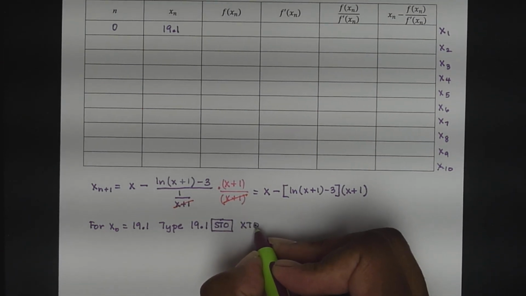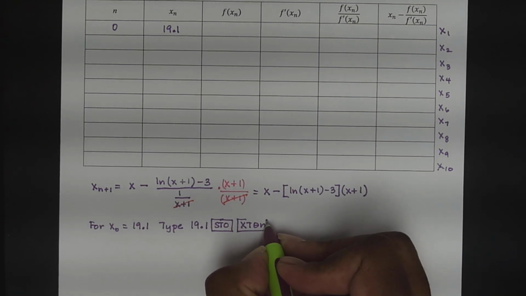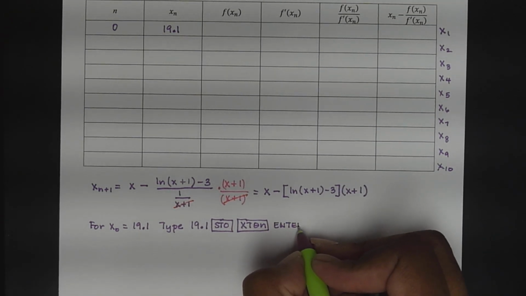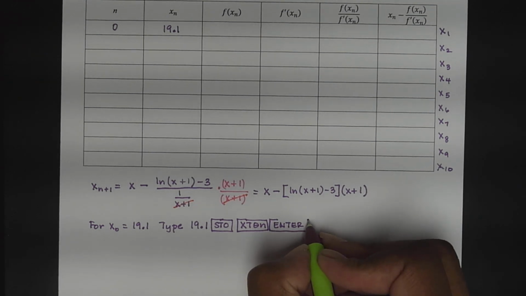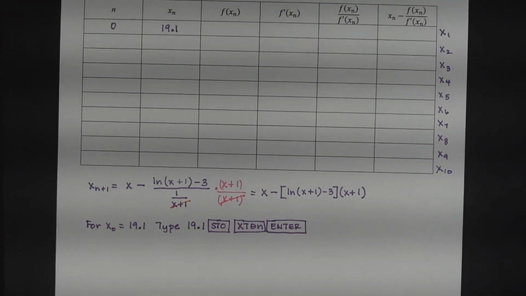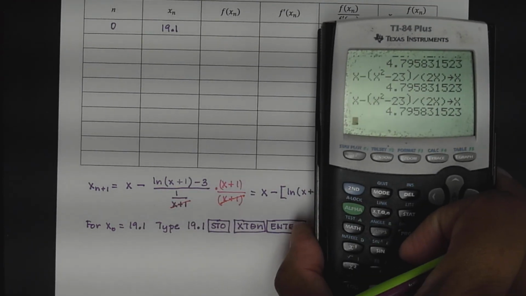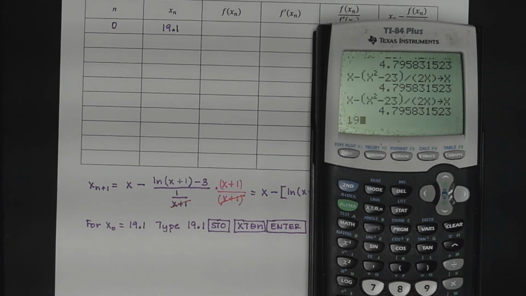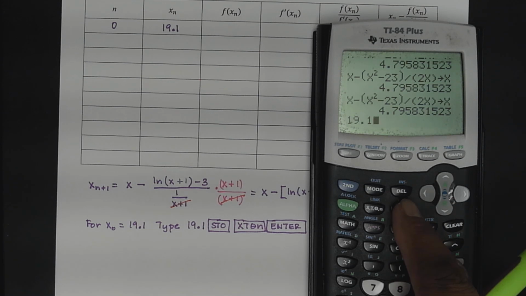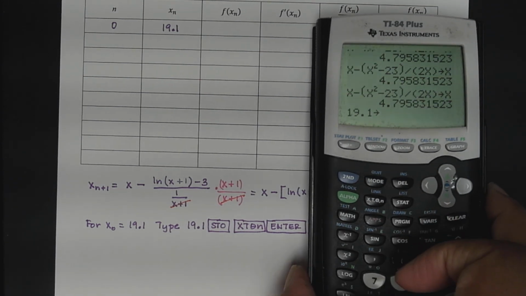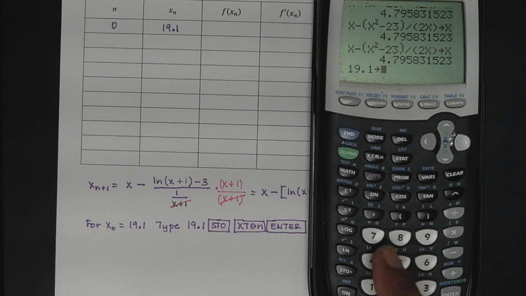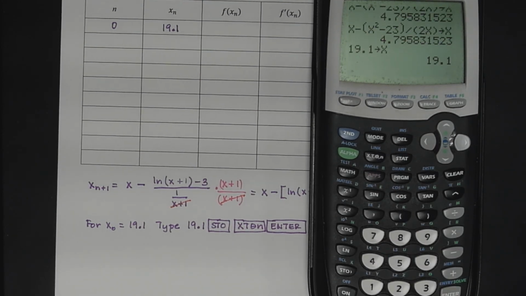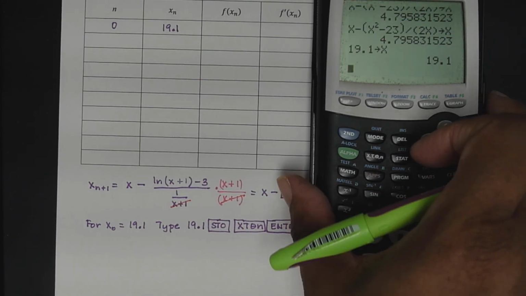So after STO, you'll press X,T,theta,n for the x, and then press enter. You'll get the 19.1, but it's stored in x.